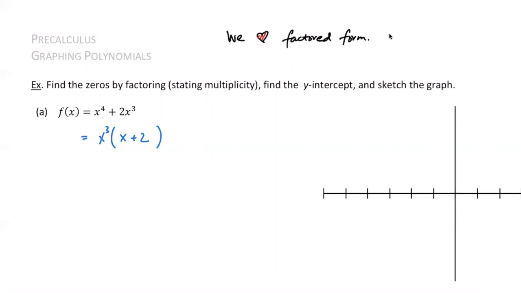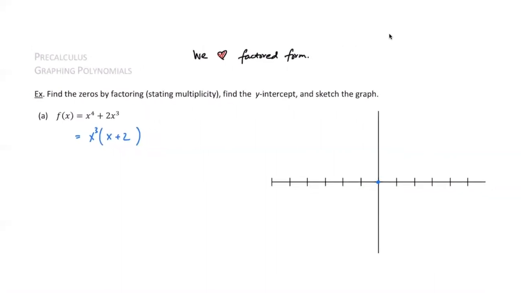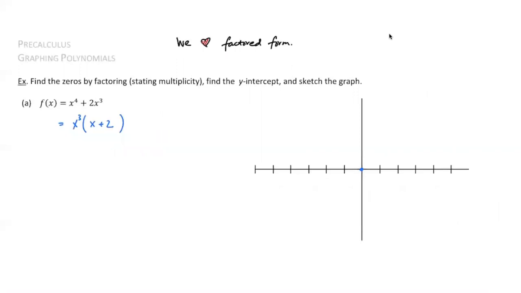Okay. So we have the factored form. Wonderful. We have the roots right here. We have 0 for the roots, and then we have a -2 for another root. Now, since it's just empty space, let's go ahead and fill in the empty space. What is the degree? The degree will be the highest degree in the polynomial. It's a 4. And the sign, of course, is positive.